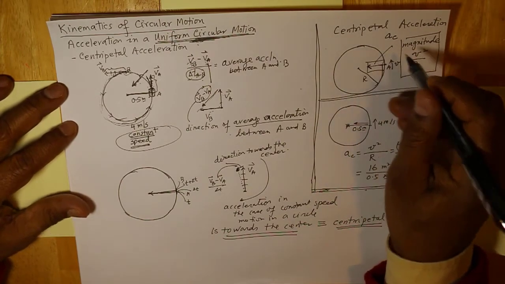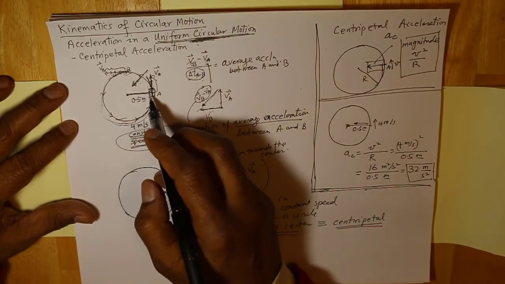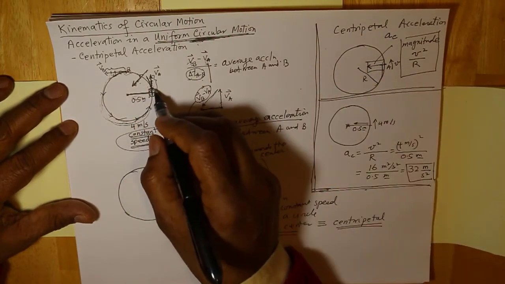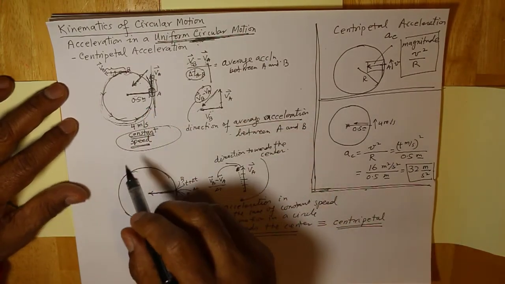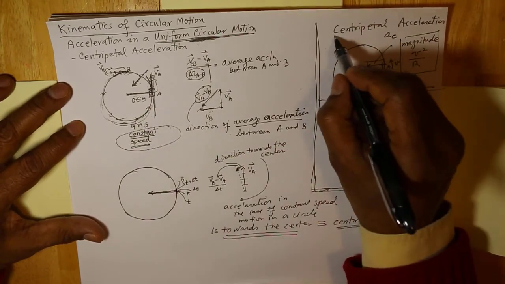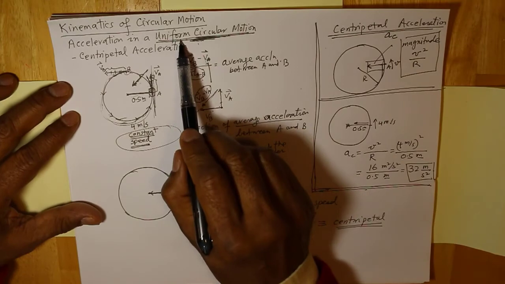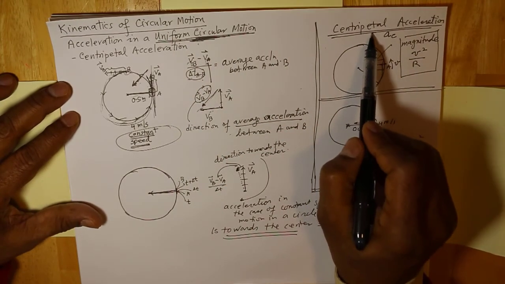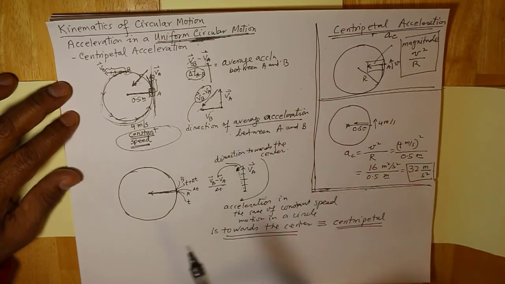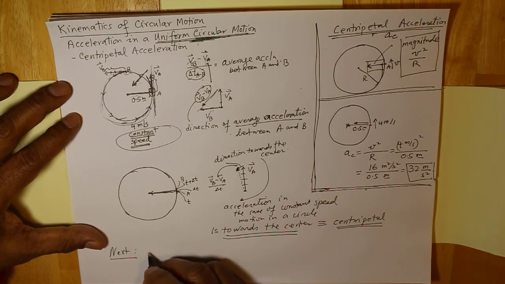In addition, you're going to have an acceleration that's not just towards the center, but also along the tangent, and that we will call tangential acceleration. Right now we have a centripetal acceleration. When there is non-uniform circular motion, you're going to have another type of acceleration in addition to centripetal acceleration. The next video is going to be about so-called tangential acceleration.